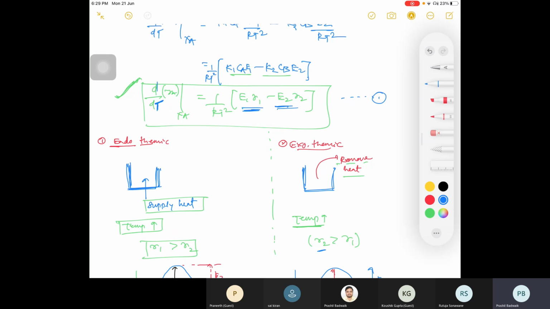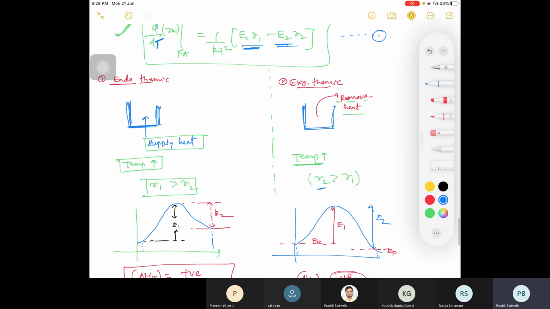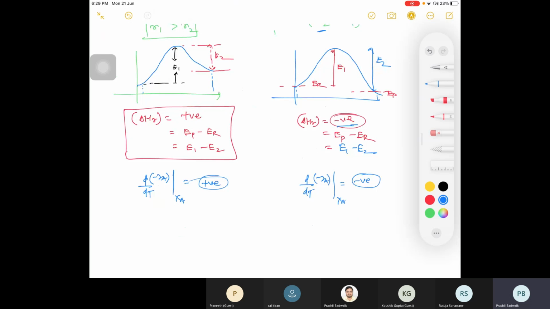That means d by dT of minus Ra at fixed conversion is positive. This is correct. What about the exothermic case? Rate will decrease with increasing temperature.